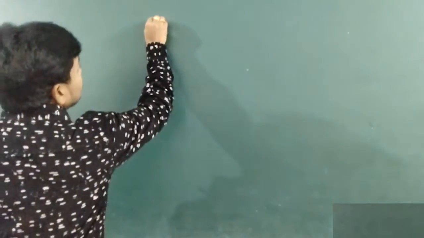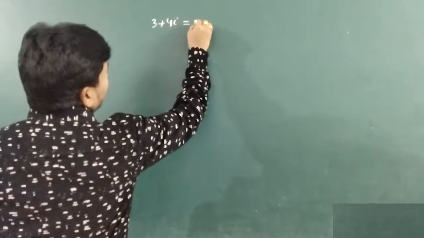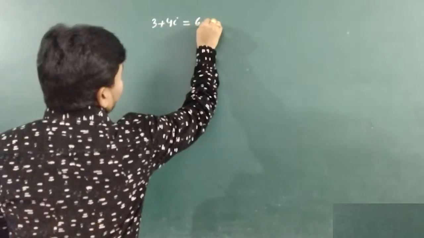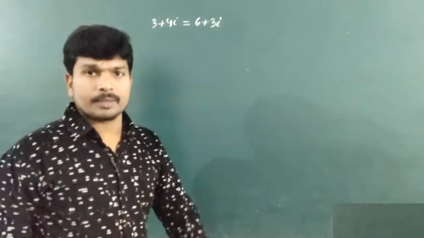When will you say two complex numbers are equal? Okay, just two complex numbers I am taking. 3 plus 4i, 6 plus 3i. Are they equal or not?